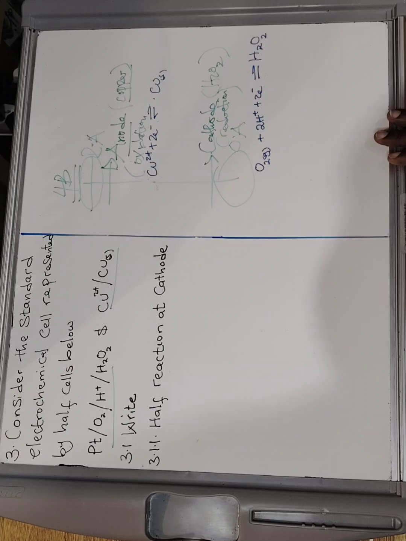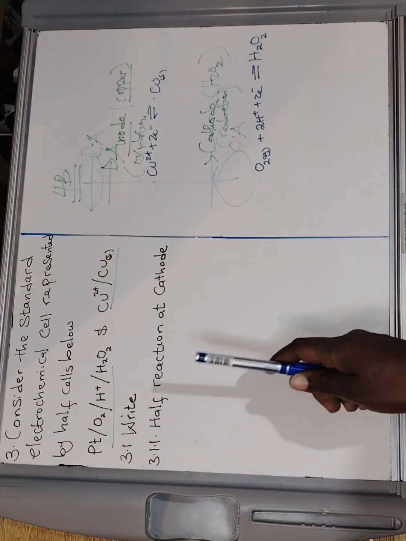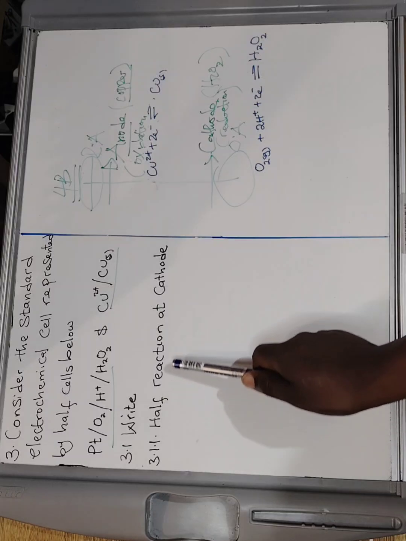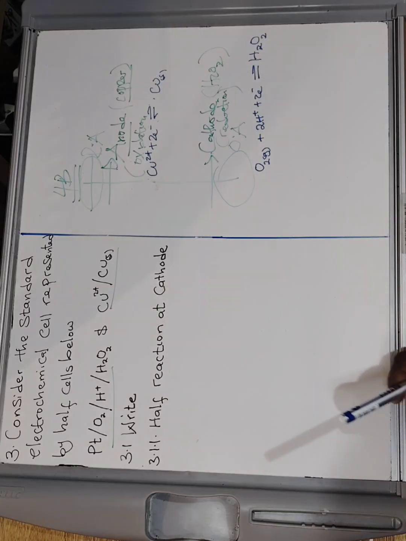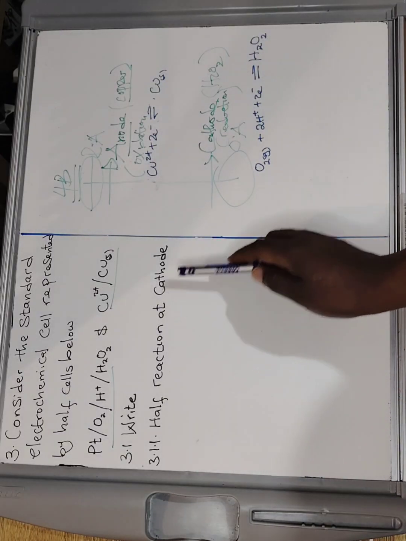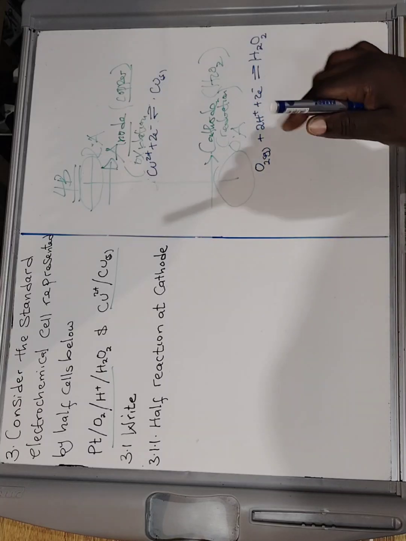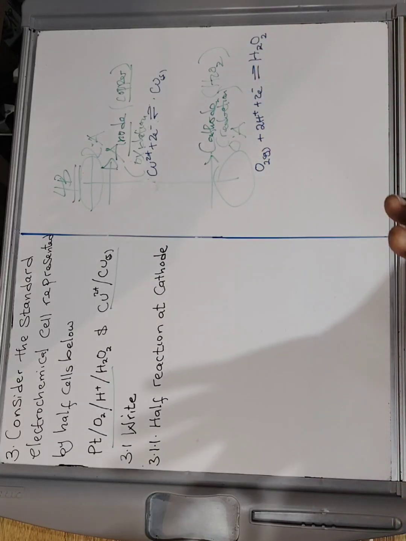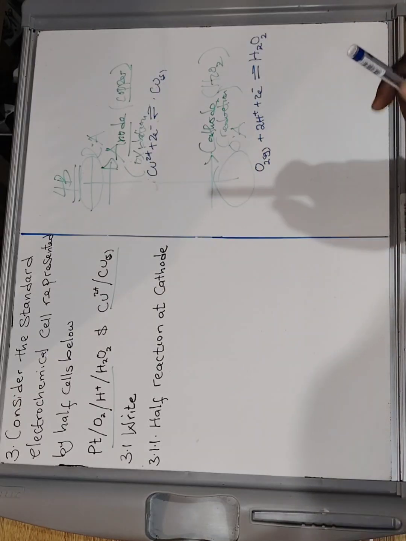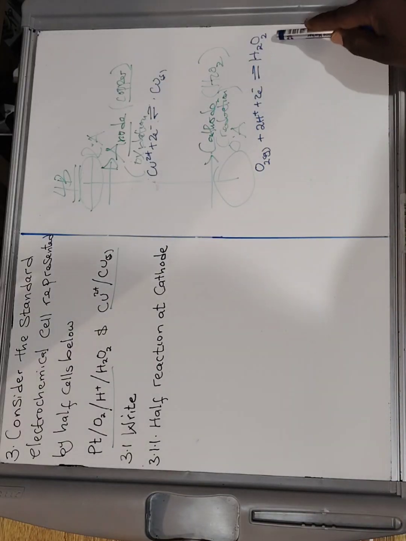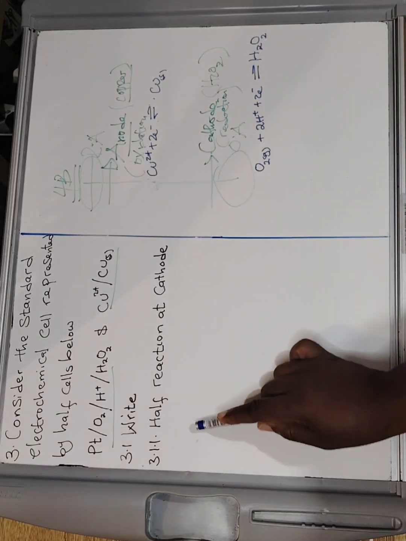Now, let's come back to the question. The question says, write half reaction at cathode. What reaction occurs at cathode? It is reduction. And all the reactions in the table are reduction reactions. So under the circumstance, you pick this reaction and it happens to be your reaction.